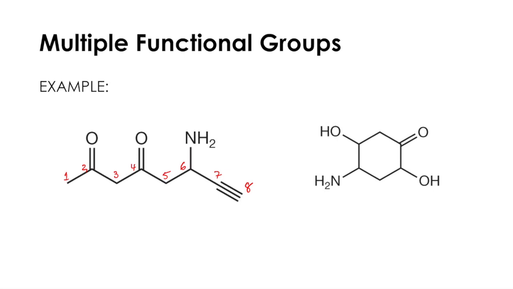So to name it, there's only one substituent, and that's the amine, so it's 6-amino, because amines are the lowest priority group. And now because it's an 8-carbon chain, I'm going to call it oct-7-yne for the triple bond. And now because there are two ketones, I'm going to call it 2,4-dione.